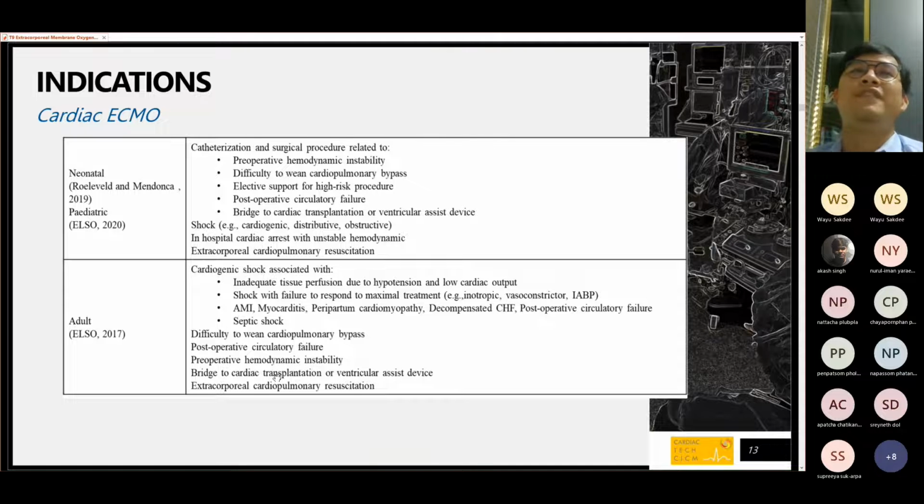And the candidate for the transplant are waiting for the VAD or ventricular assist device. Let's say Ecmo is quite similar to the CPB, so the more centers familiar with that. Not all the center in Thailand have a ventricular assist device, same as the other country.